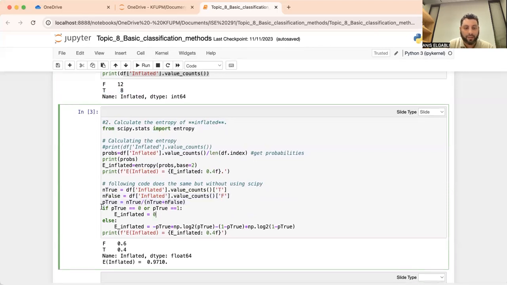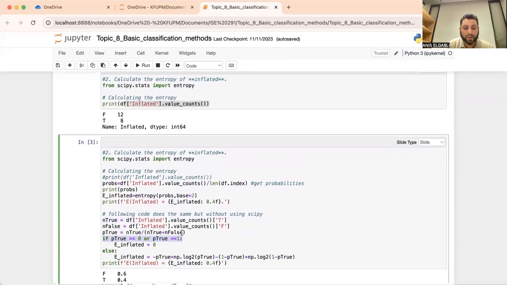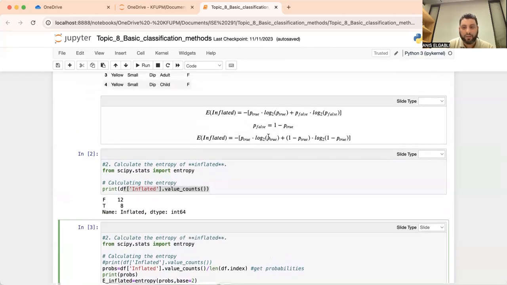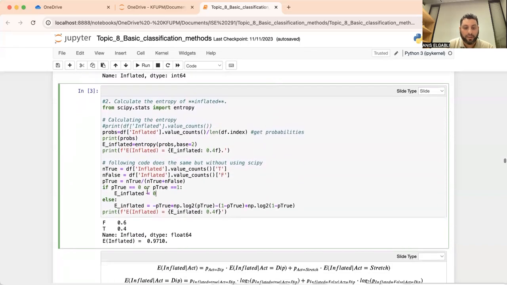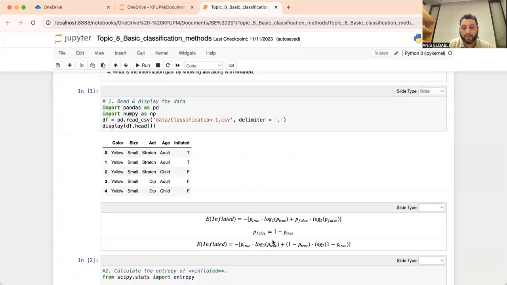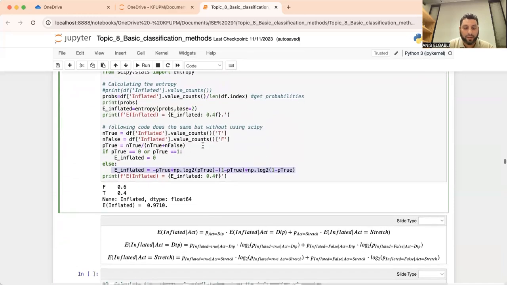And if the probability of true is equal to 0 or 1, the two corner cases, then the entropy is equal to 0. Why do we do that? To avoid the computation of log 2 of 0, because log 0 is undefined. So we just set that equal to 0. Otherwise, we just plug into this equation here, and with that we compute the entropy.